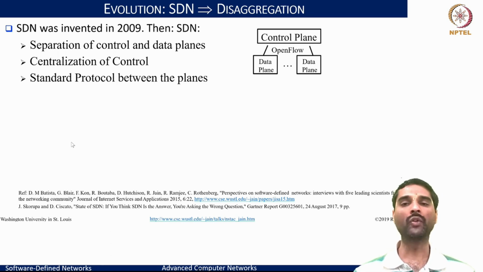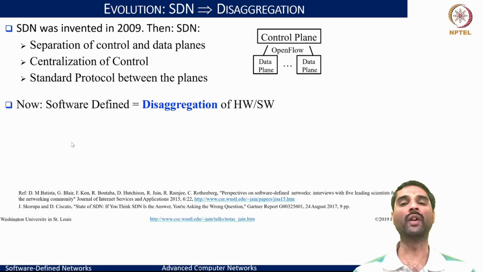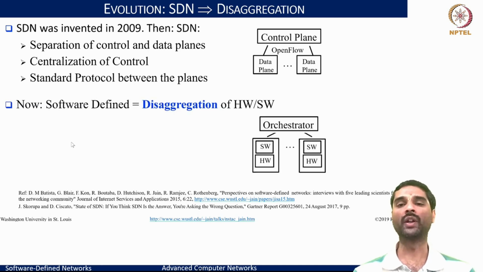And with the evolution, what we see of SDN is not just the decoupling anymore. Like I said, this is to do a lot more with disaggregation, or in fact, you virtualize the way the hardware and software interplay happen for the networking devices. What this really means is that software defined is now disaggregation of hardware and software.